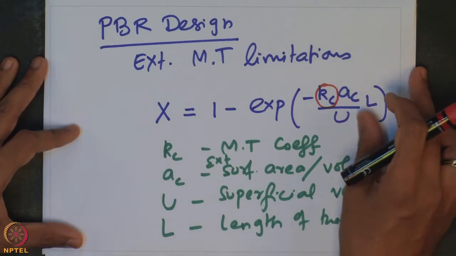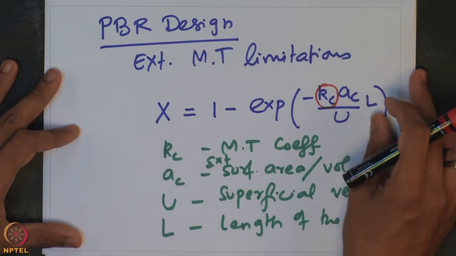We first have to find out how the mass transport coefficient depends on the other operating parameters. Earlier, a couple of lectures ago, we looked at how the mass transport coefficient depends upon the operating conditions when the fluid is flowing past a single particle or single catalyst pellet. Now, the fluid is flowing through a packed bed reactor, so we need to look at how the mass transport coefficient is affected in the whole reactor system, which is packed with catalyst.